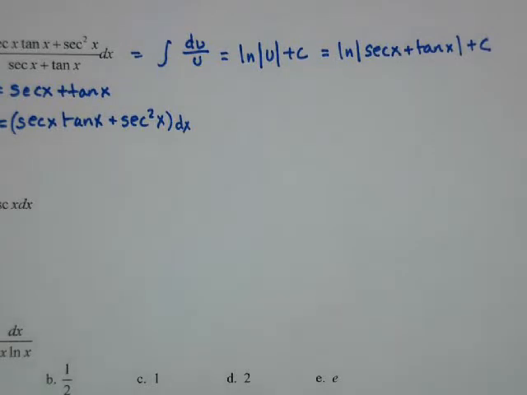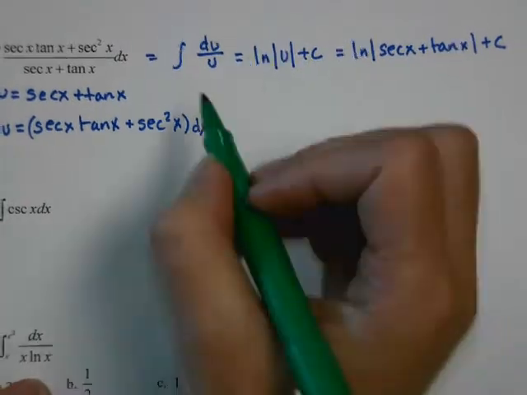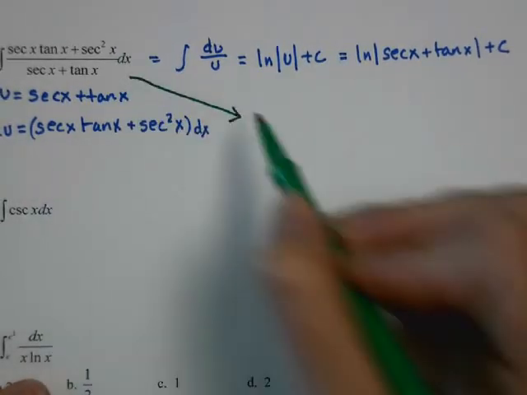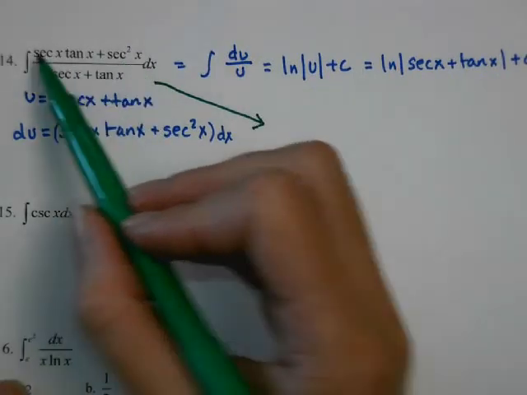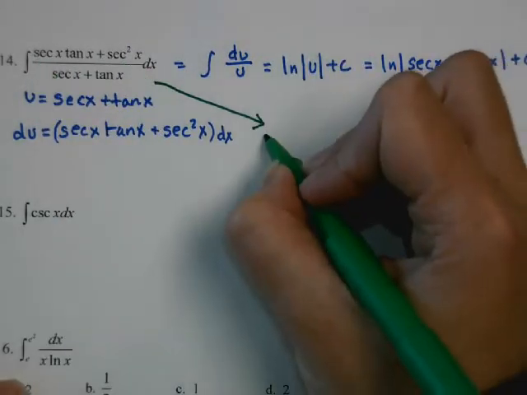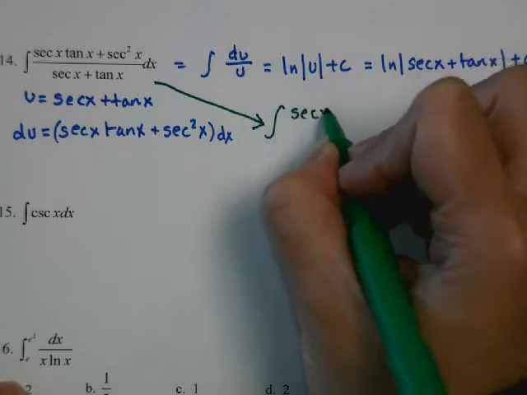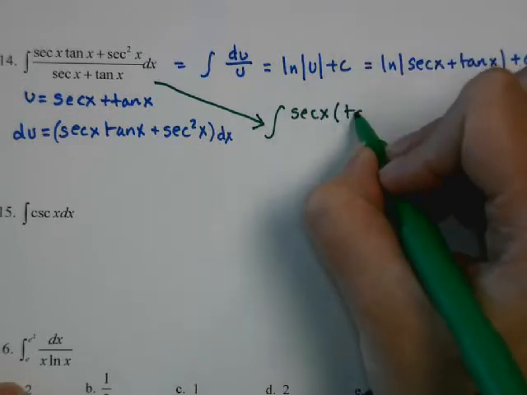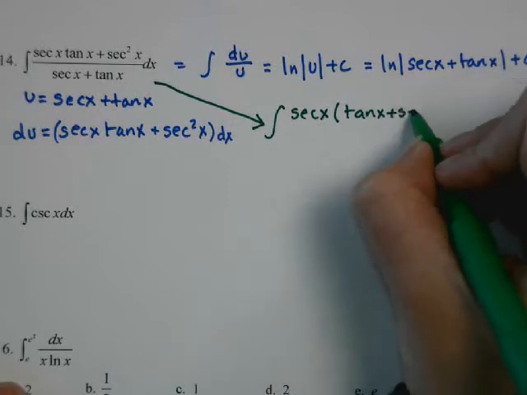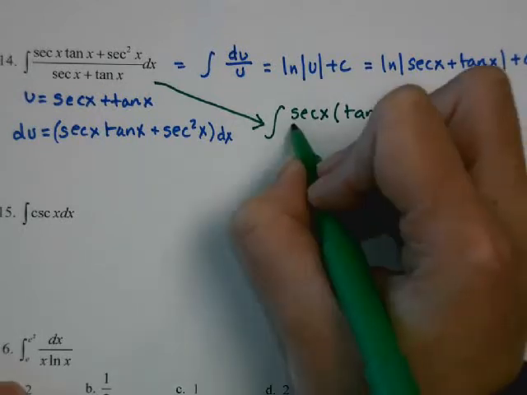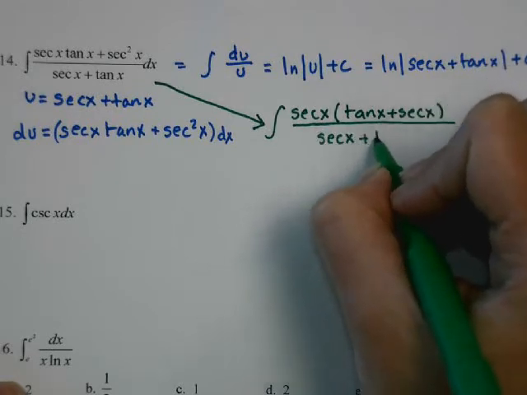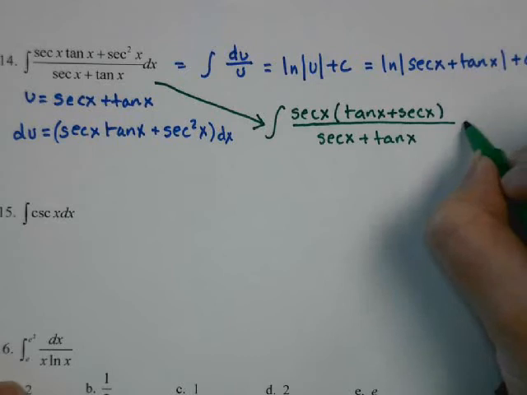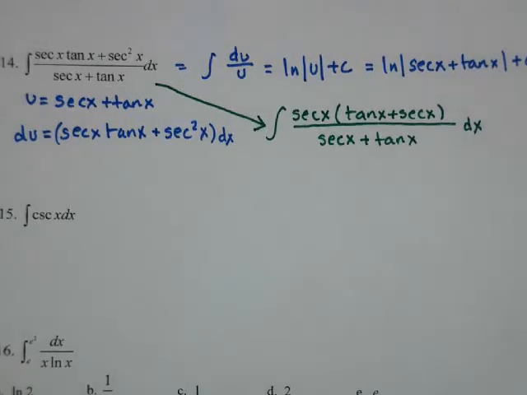Well, this one is actually one of the integrals we need to know. So I'm going to take this and factor out a secant, which on the top is going to leave me with a tangent of x plus secant of x over secant of x plus tangent of x dx.